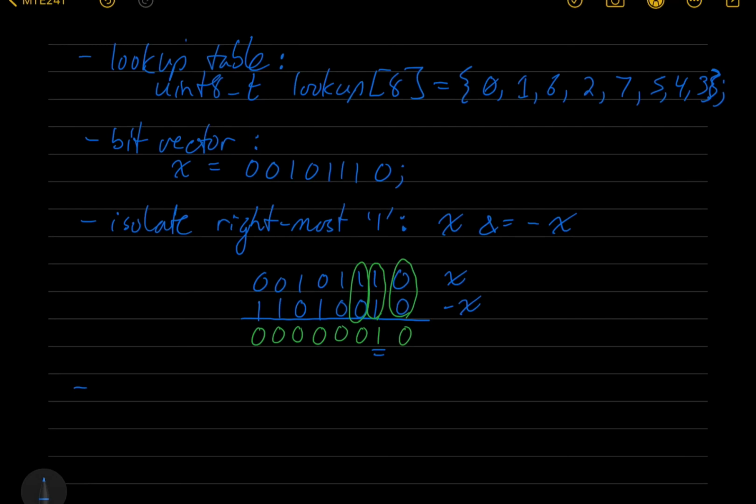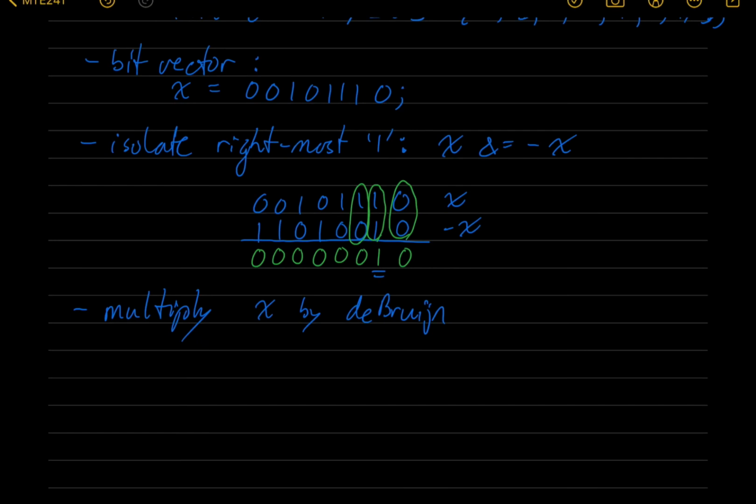We can multiply x by the de Bruijn sequence. So we had x is 0, 0, 0, 0, 0, 0, 1, 0, and we're going to multiply that times the de Bruijn sequence, which was this.